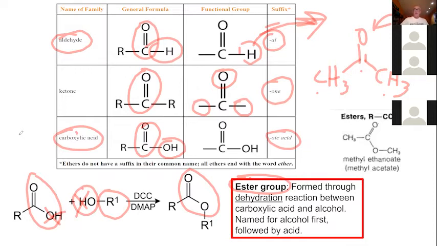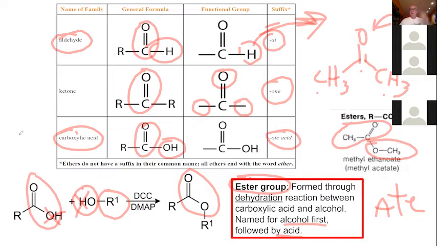And we name those the alcohol first, followed by the acid, and then with ate at the end. So like this one has methyl alcohol or methanol and the ethyl acid, so ethanoic acid.